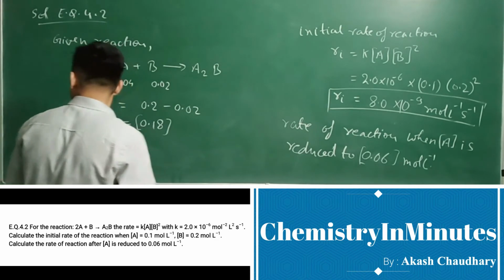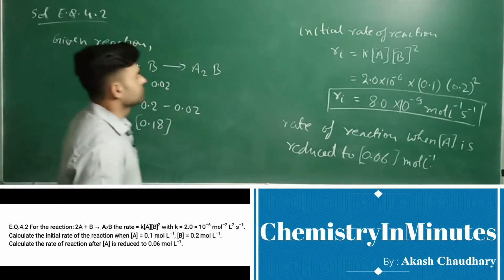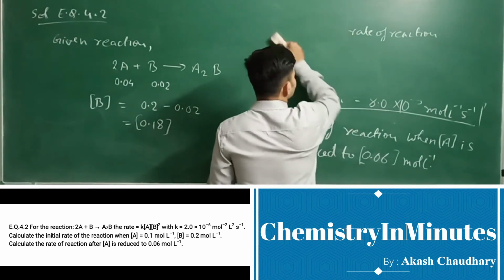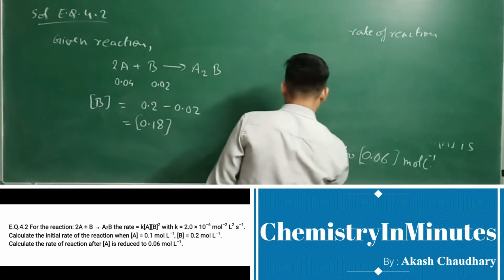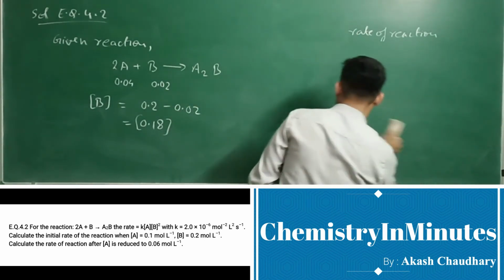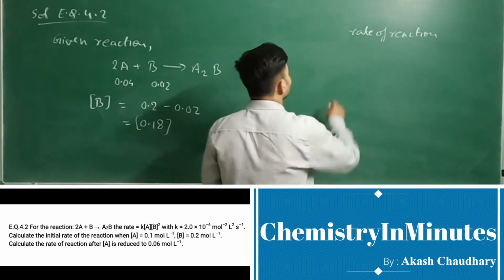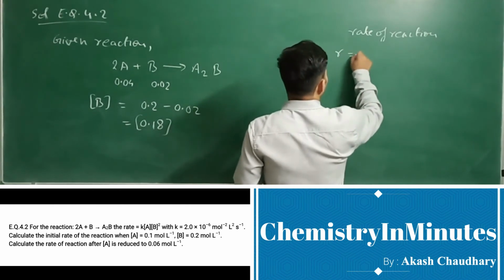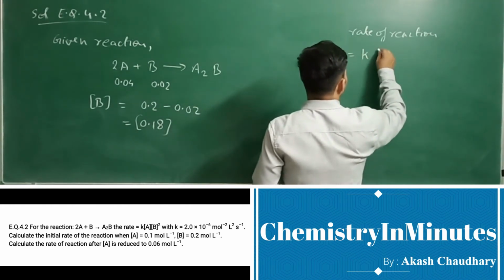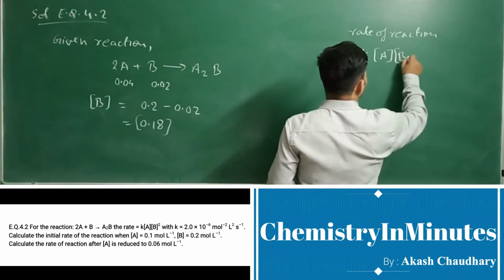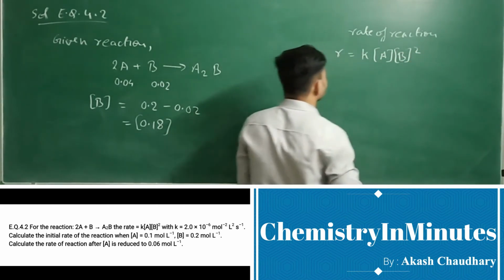Now the rate of reaction will be R equal to K, concentration of A, concentration of B square.